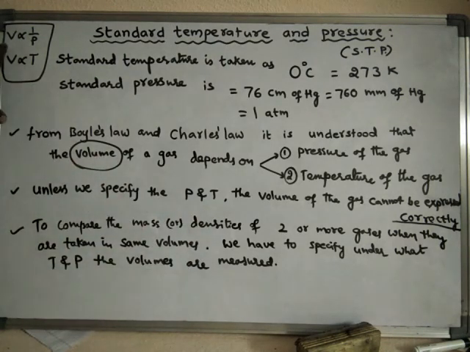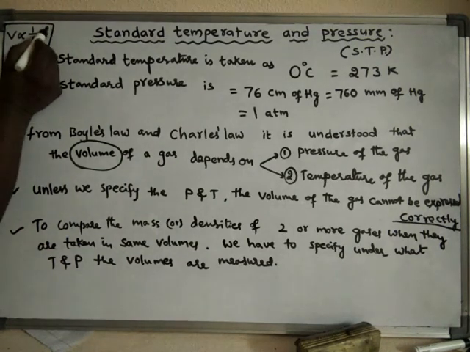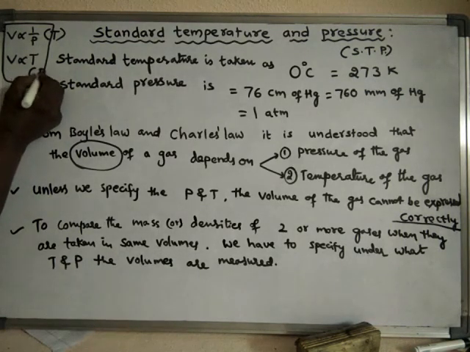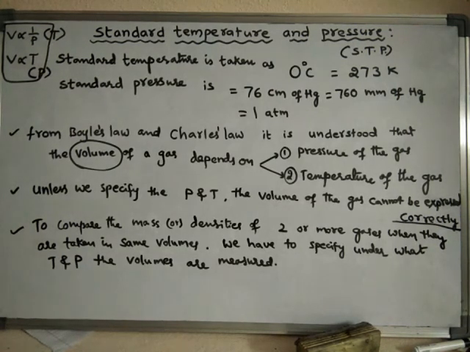For example, in Boyle's law we keep temperature constant, so we have to specify the value of temperature, and we have to specify the value of P. And Charles' law says that volume is directly proportional to absolute temperature, where pressure is constant.